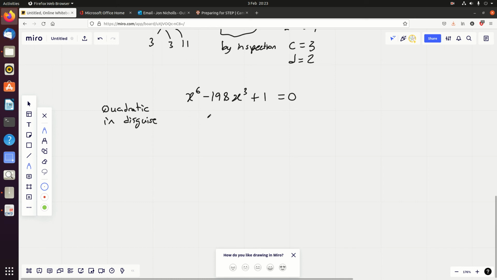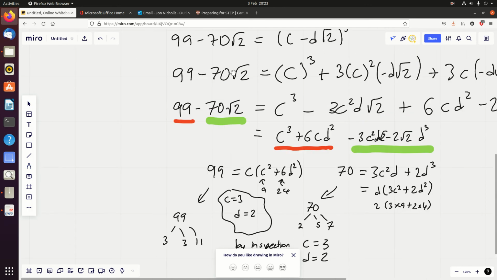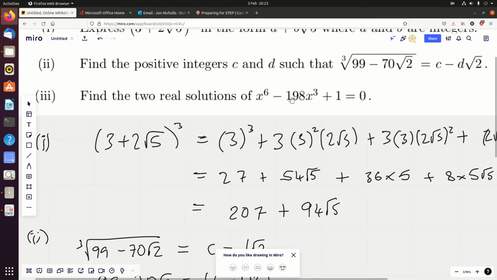But I'm going to look at that as quadratic in disguise and let u equal x cubed. Because then I can see I've really got u squared minus 198u plus 1 equals 0. And I'm going to try and solve this because they wanted me to find the two real solutions of that equation.